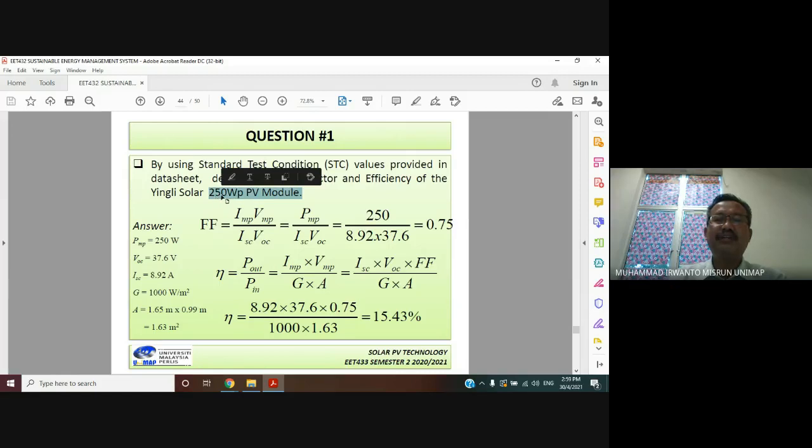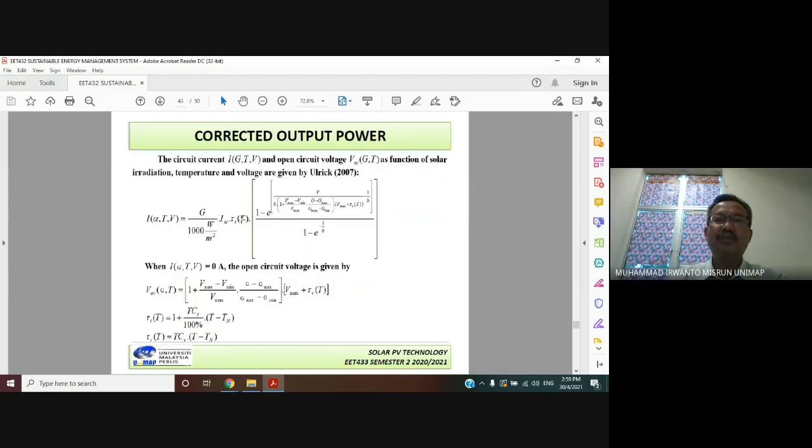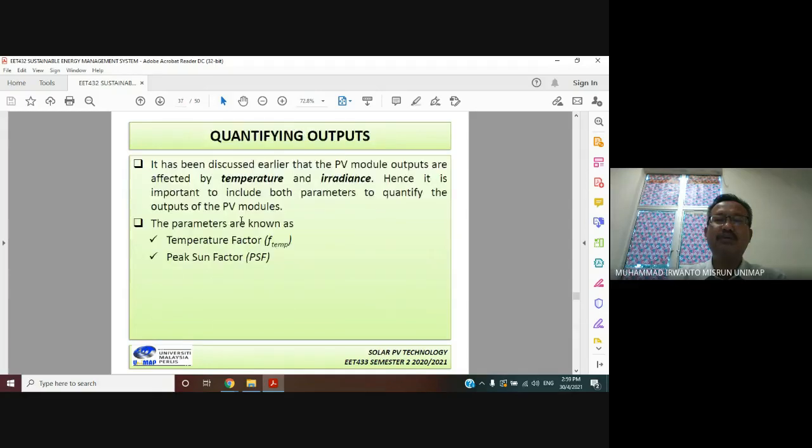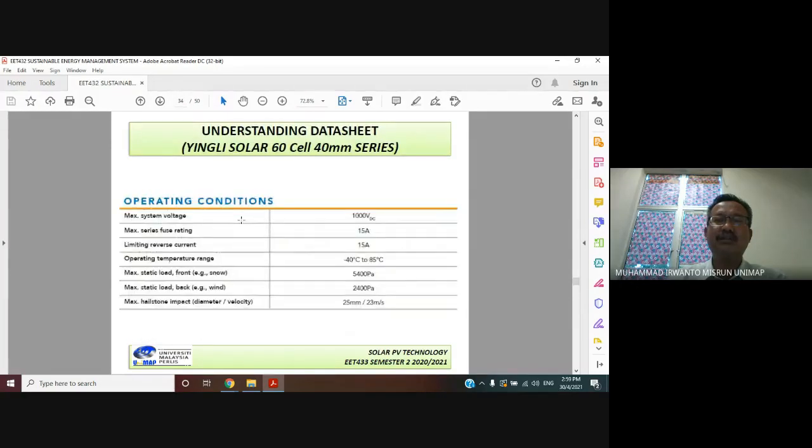If we refer to the datasheet of the PV module for the 250 watt, in the STC condition, what are the fill factor and the efficiency?